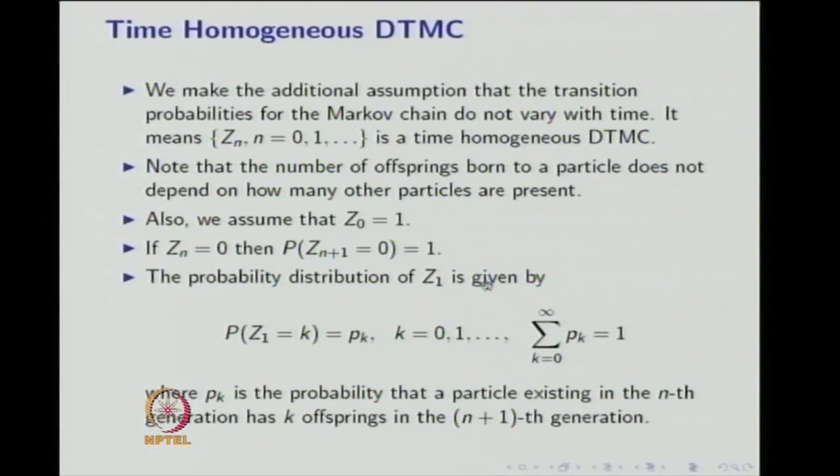The probability distribution of Z1 is given by the probability that Z1 takes a value k, that is nothing but, in notation, p suffix k, and the summation of pk's is equal to 1, where pk is the probability that a particle existing in the nth generation has k offsprings in the n plus 1th generation.